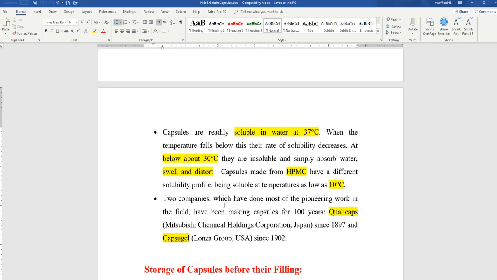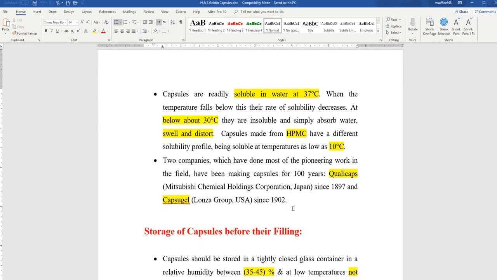You need to know that the most famous two companies in the whole world are Qualicaps and Capsugel. We have Capsugel, we have also Qualicaps. These are very famous companies with over 100 years of experience in making capsule shells. Okay.